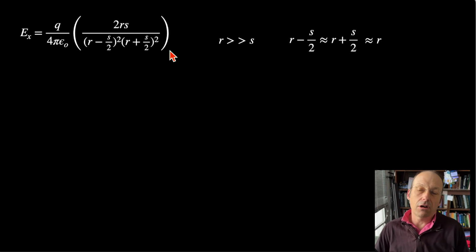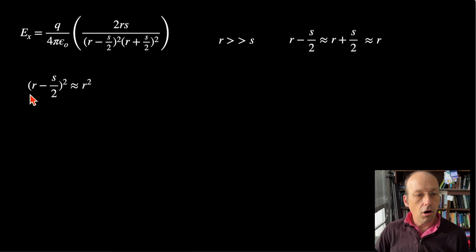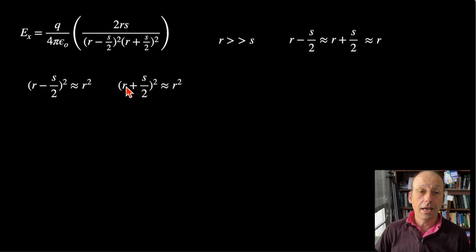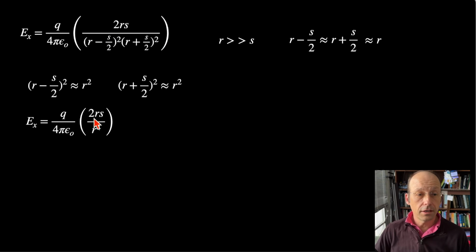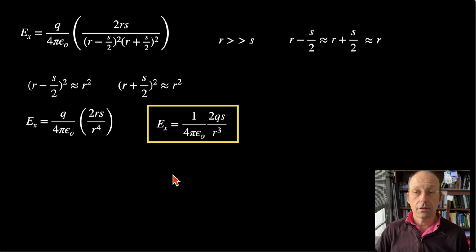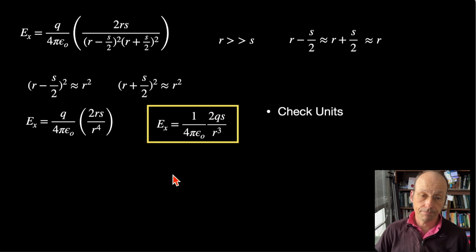So r minus s over 2 quantity squared is r squared, and r plus s over 2 quantity squared is r squared. So I get 2rs over r to the fourth. The r's cancel, and there is my electric field due to the far field approximation on the axis.